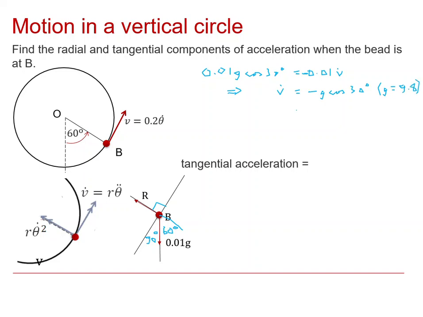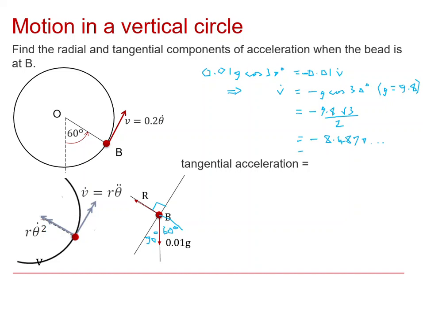So we've got minus 9.8 root 3 over 2 for cos 30. Now my calculator gives that as minus 8.4870 dot dot dot.